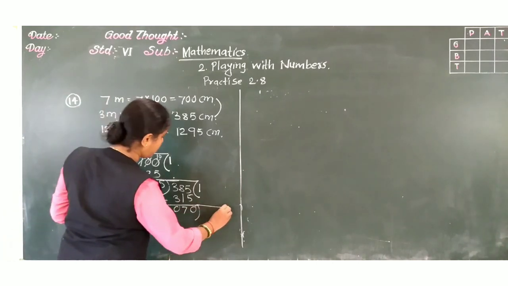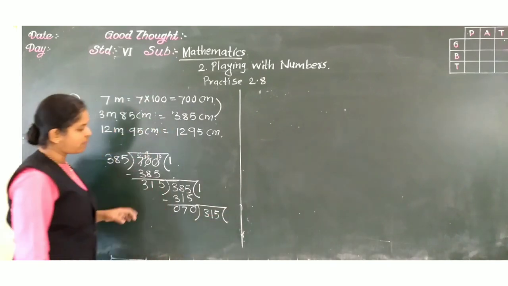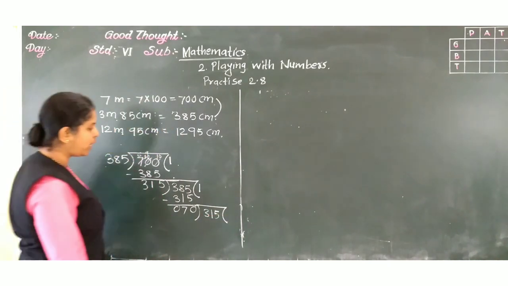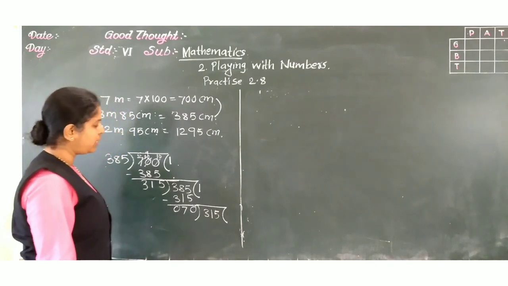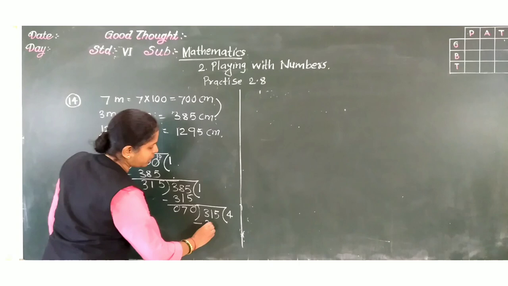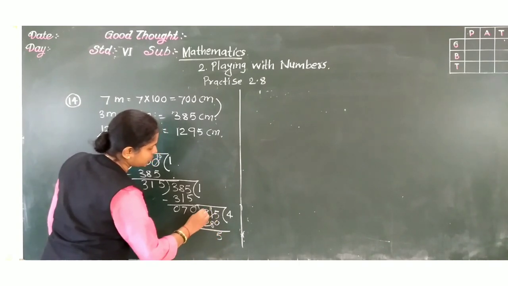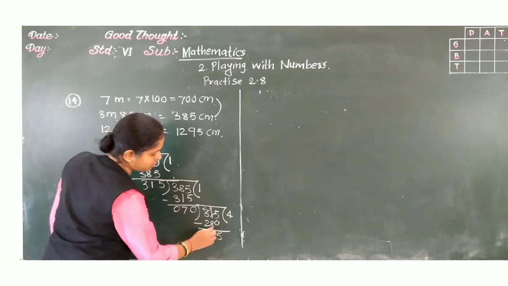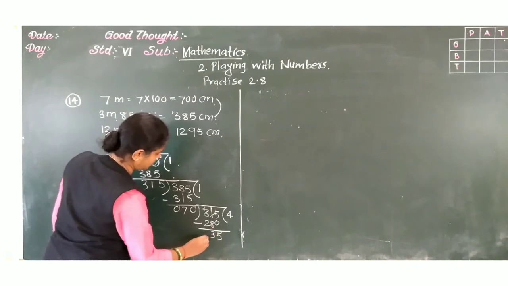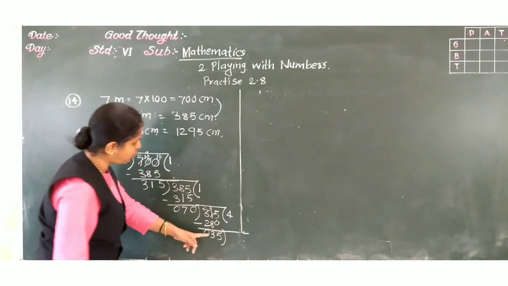Now with this we have to divide 385 by 315. So 7 4s are 28 and 7 5s are 35. So 7 4s are 280, we will take. And now with this 35 we have to divide 70.